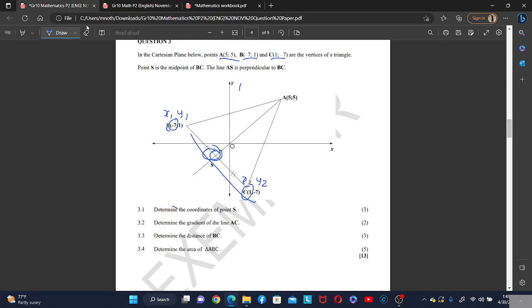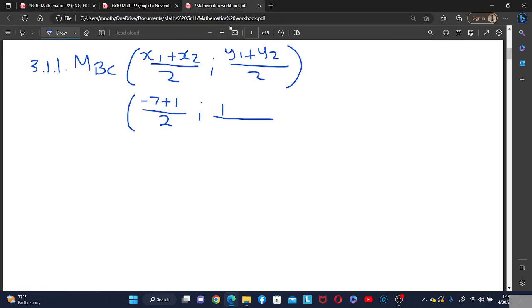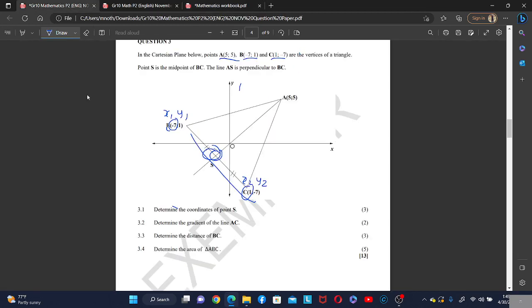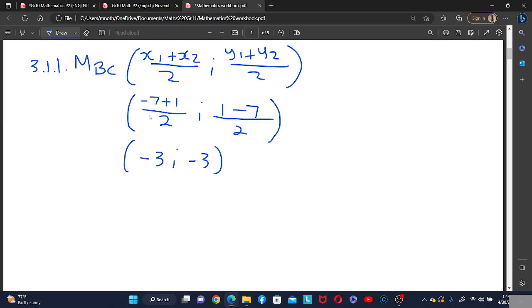So we have y1, which is 1, then y2, which is -7. So we're going to have 1 plus -7 all over 2. -7 plus 1 is -6. So -6 over 2, that is -3. 1 minus 7 is -6 over 2, that is -3. So these are the coordinates of S, which is what we want.